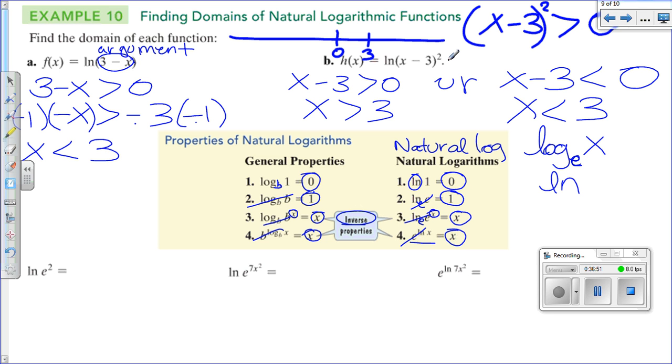So we want to take all numbers that are greater than 3. That will be everything that is on the right side of 3. And we also want to take all numbers that are less than 3. So that means all the numbers that are on the left side of 3.